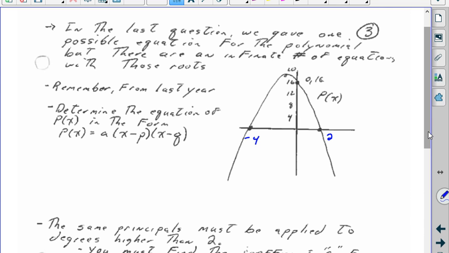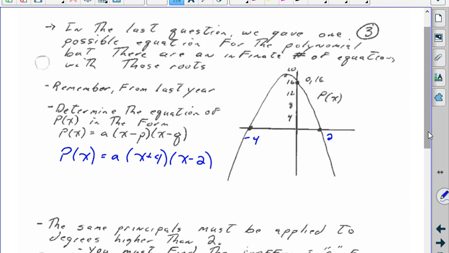Because we have this guy, multiplicity of 1, this quadratic will have a form of x plus 4, x minus 2. Again, we have the roots, the factors that correspond to -4 is the x plus 4. But we haven't found what the a value is.